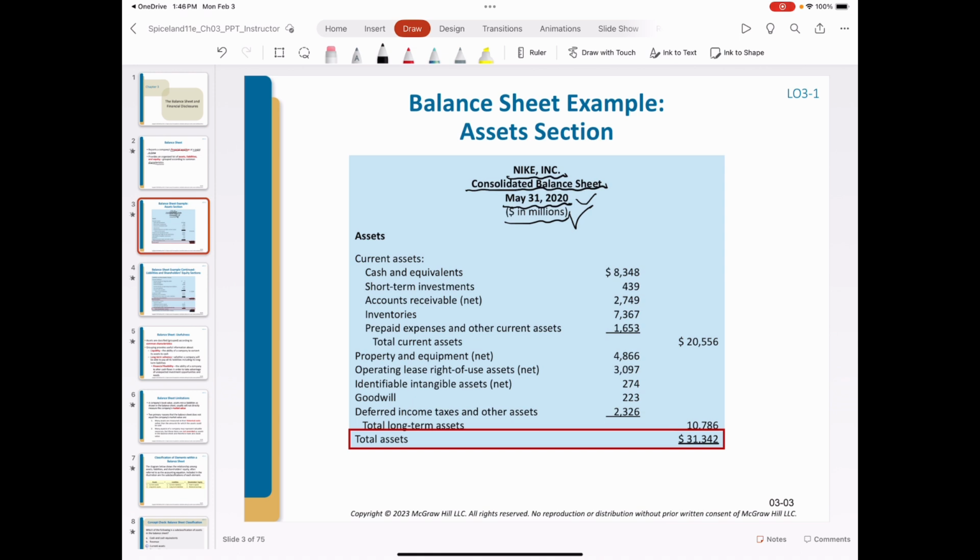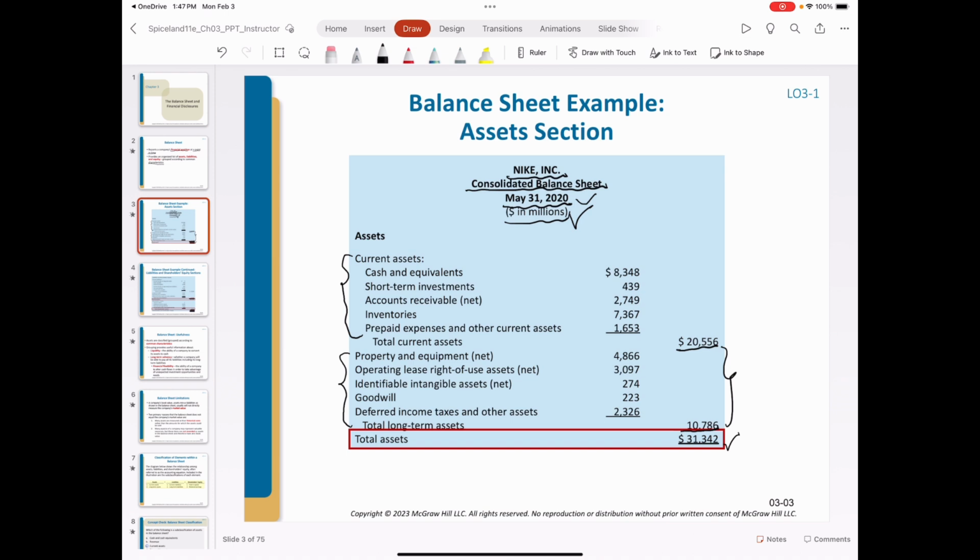The assets are reported in two main categories. One is current assets. The other is non-current assets. For each we have the total, and the sum of both is total assets.